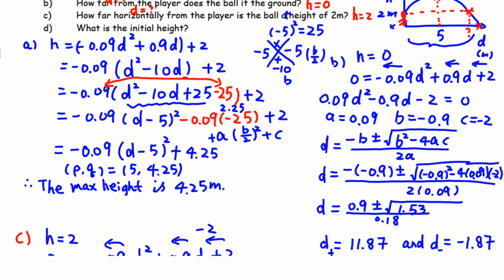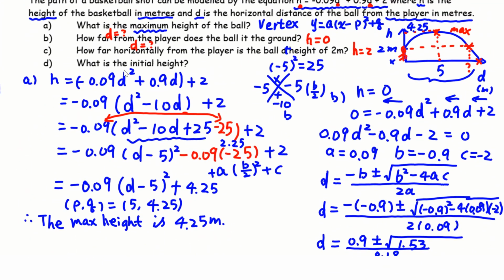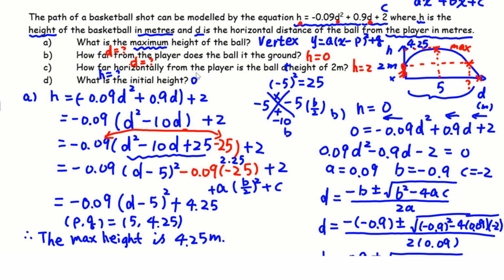Actually, we have figured it out already. In order to find the height in the equation, you have two variables, so the d needs to be given. Initial height means at 0 meters from the player. So we sub in the d value, and the c value is the initial height.